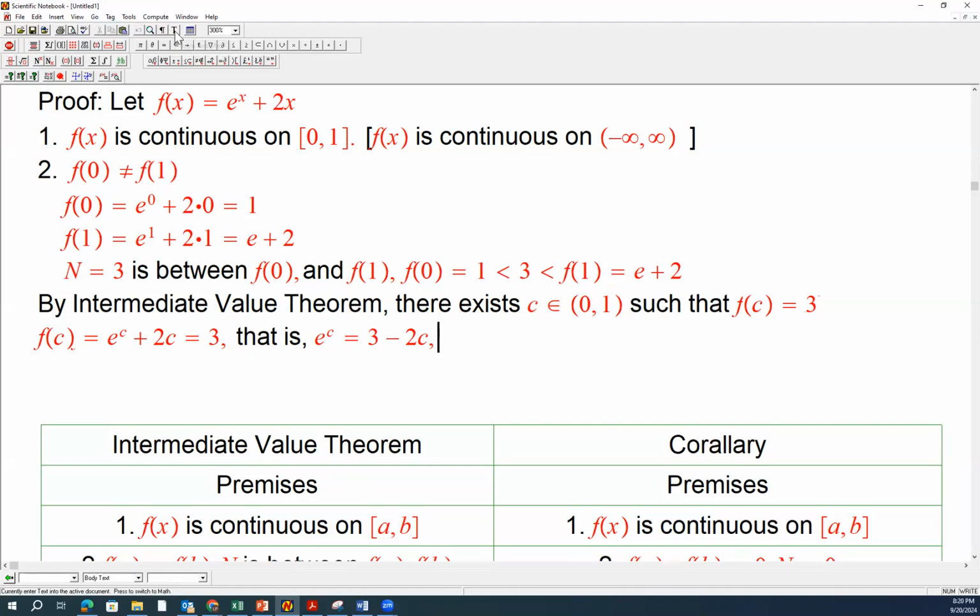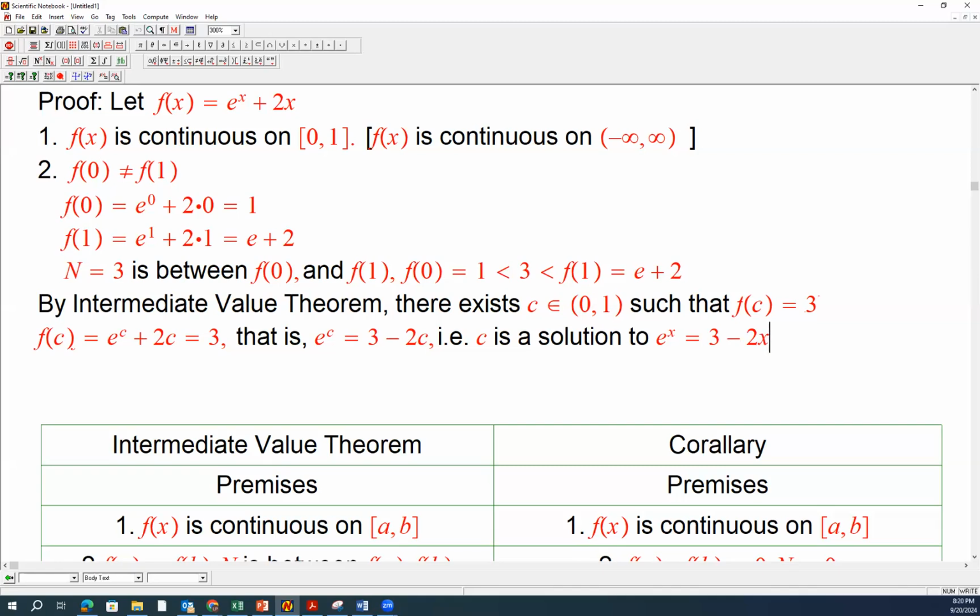You can say, i.e., C is a solution to e to the power x equals 3 minus 2x.